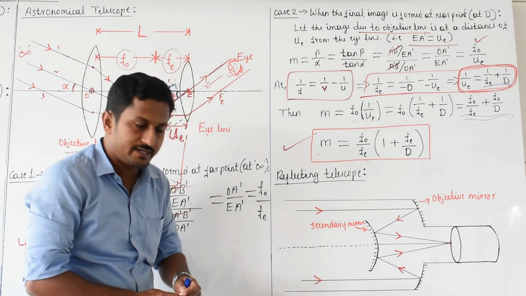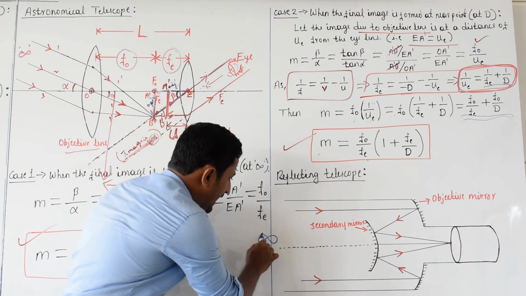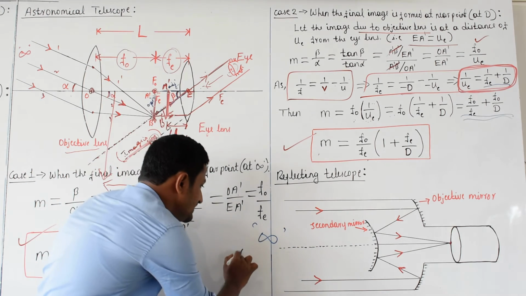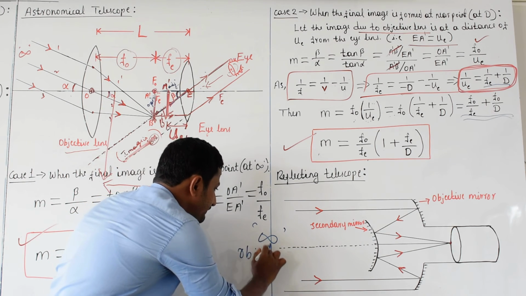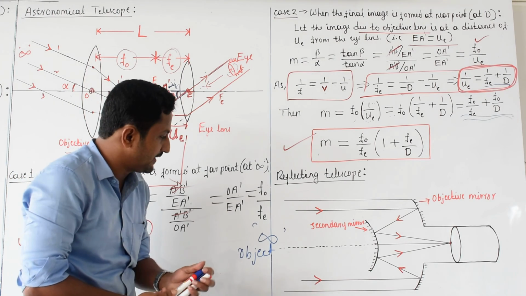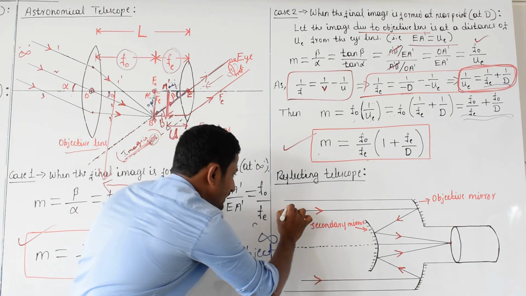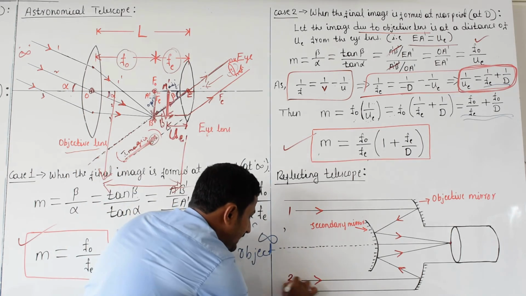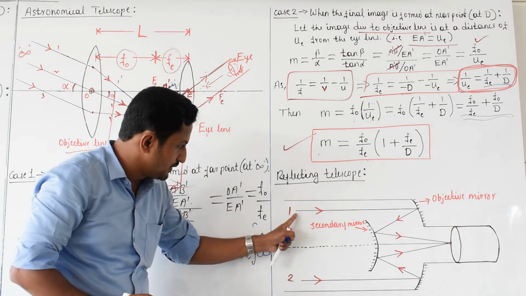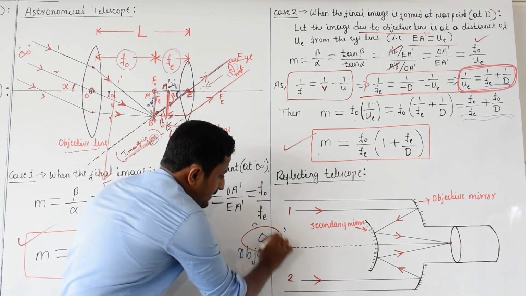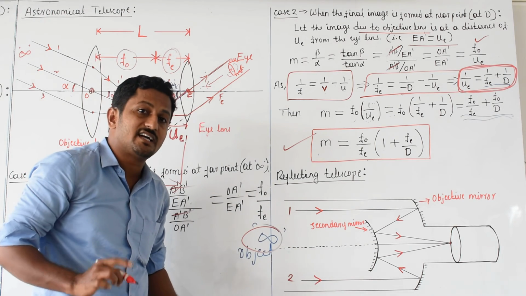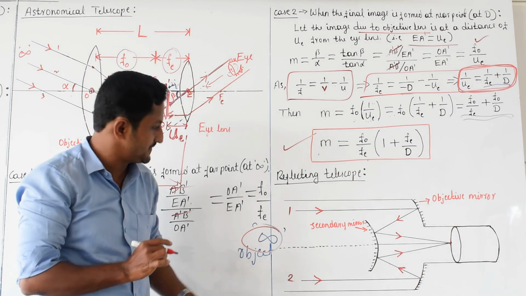Look here, look here. Somewhere here, at infinite distance, an object is there. From that infinite body I have taken two light rays, one light ray here, another light ray here. Look at this first light ray from that object at infinite distance.